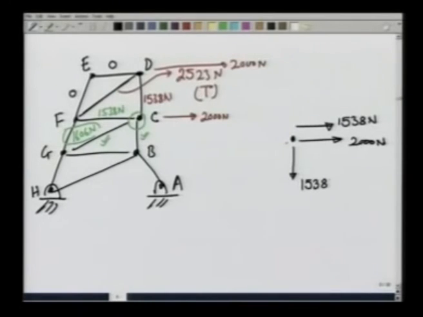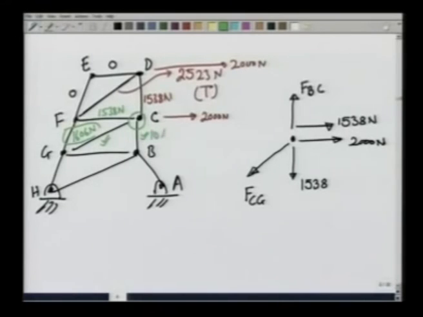Then in anticipation, we are going to have F_CG acting in this way and F_BC acting up. The two unknown forces here are of course F_BC and F_CG. Let us look at these lines.